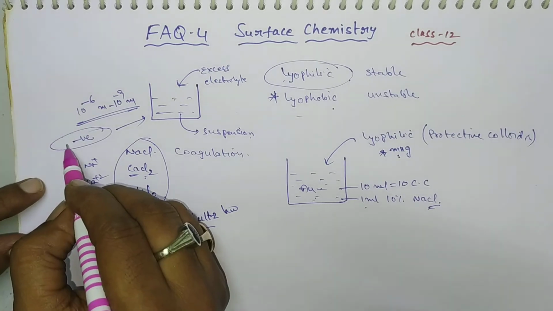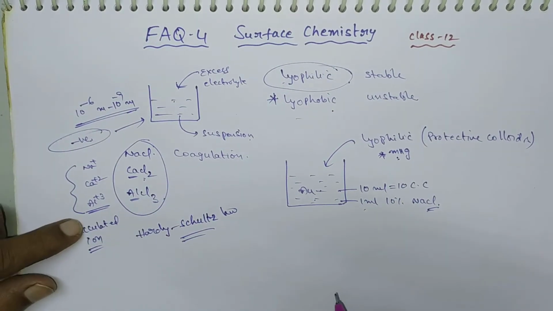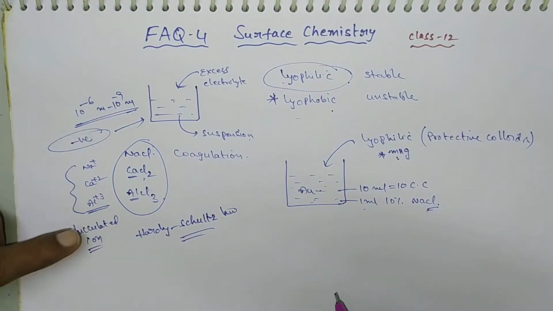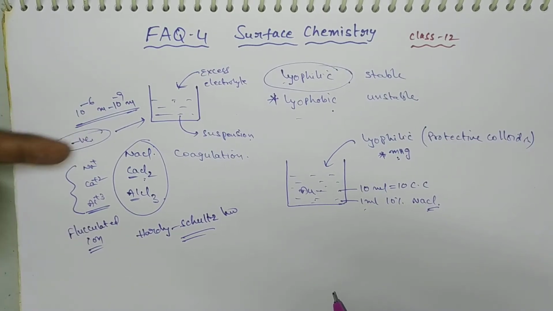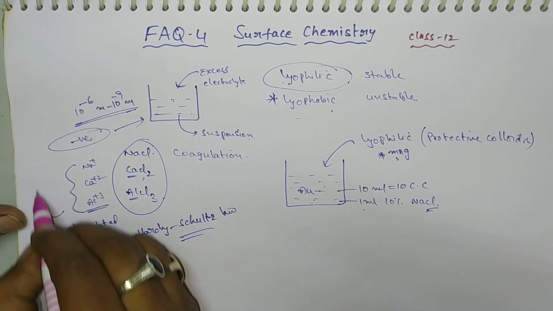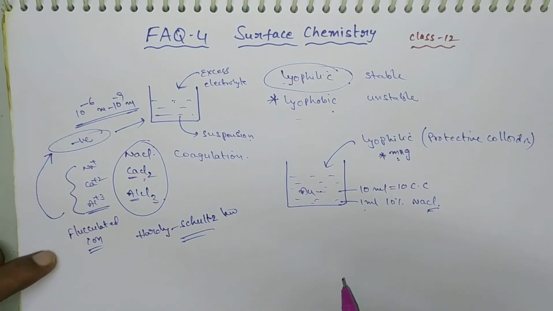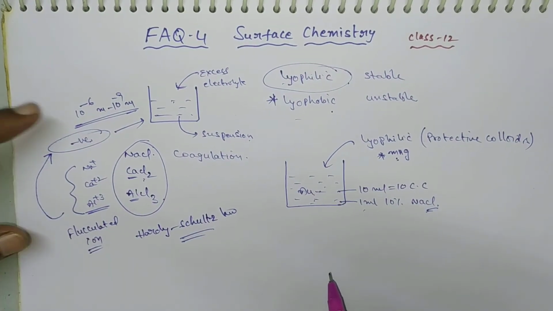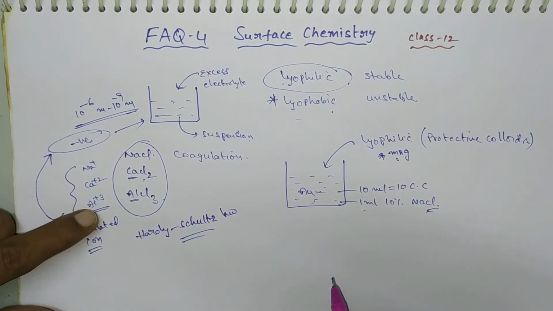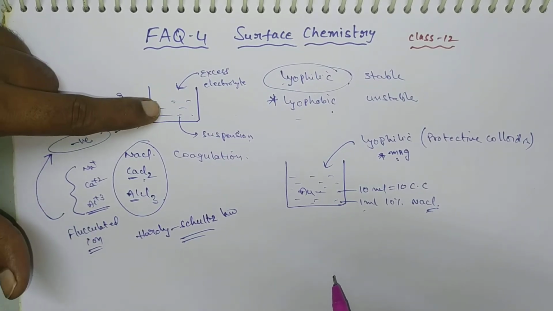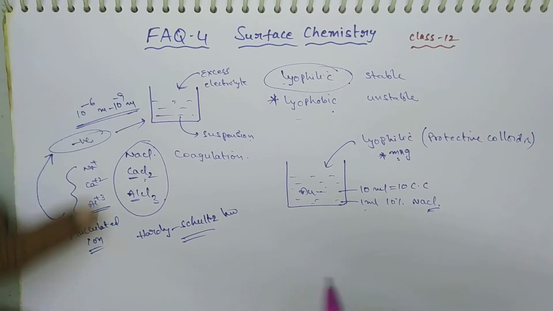Here it is negative colloid. Among these three, which one will more readily coagulate it? Al plus 3 will more readily coagulate this negative colloid. That's why greater the charge on the flocculated ion, greater will be the coagulating power. It has a high tendency of coagulating this colloidal solution. That is called Hardy-Schulze law.